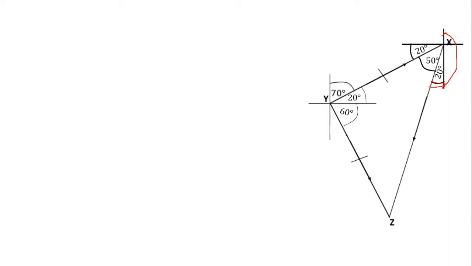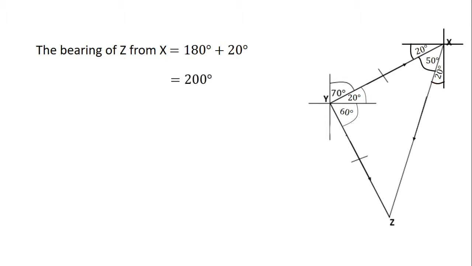So we just add 180 degrees to 20 degrees. So we can say that from the diagram, the bearing of Z from X is 180 degrees plus 20 degrees. And what is 180 degrees plus 20 degrees? We are going to get 200 degrees.